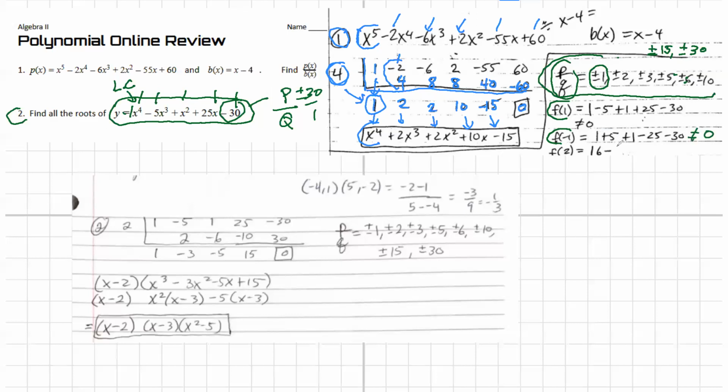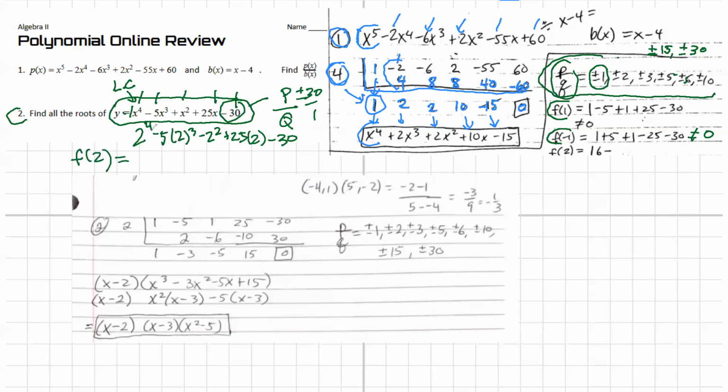Then I tried 2. And I think 2 worked. Yes, 2 does work. I got 16. Let's see. I plug in 2 here. 2 to the 4th minus 5 times 2 cubed minus 2 squared plus 25 times 2 minus 30. So this is the work I meant to put here, but I stopped for some reason. But later on I finished.